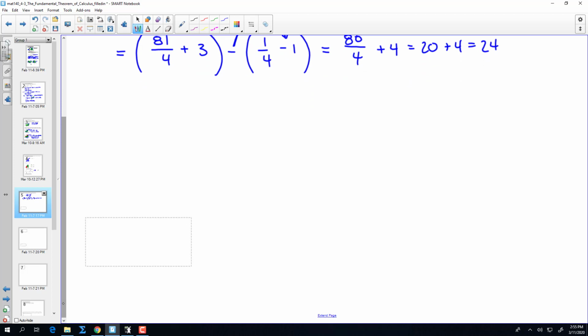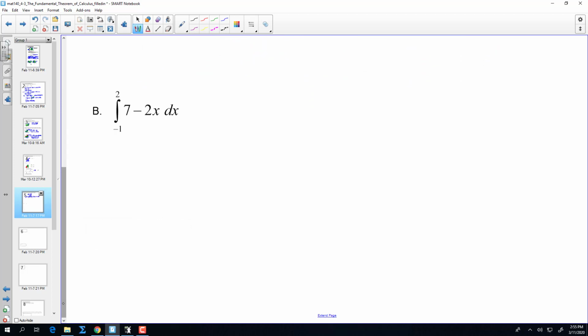Here's another example. The integral from -1 to 2 of 7 minus 2x dx. If I find the antiderivative first, that would be 7x minus x squared over 2. The 2's cancel, so that's just 7x minus x squared, evaluated from -1 to 2.